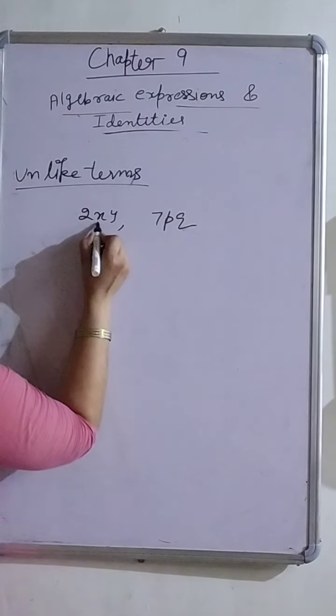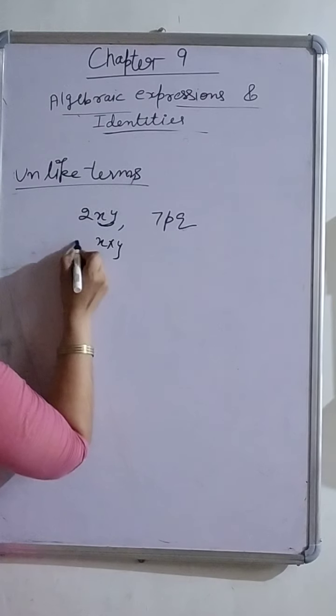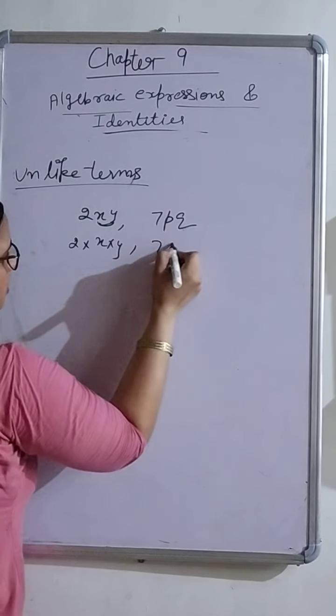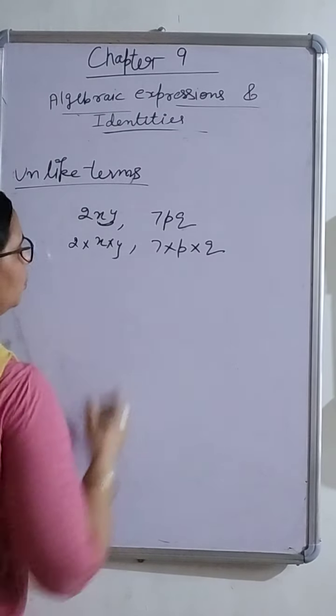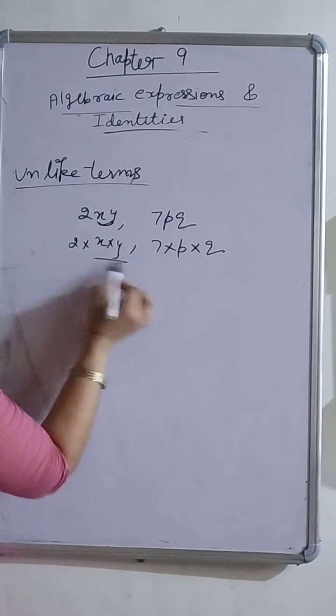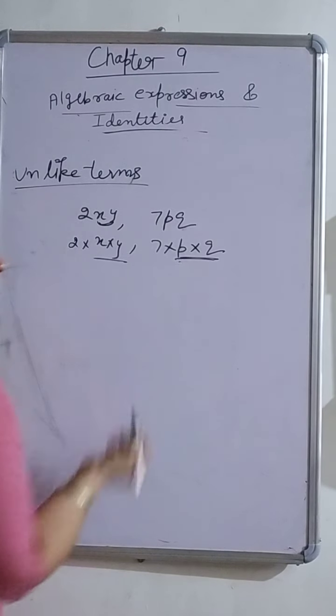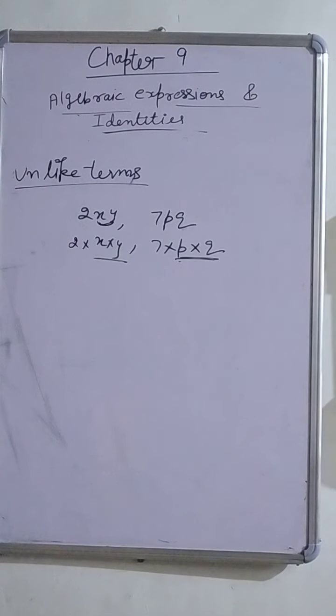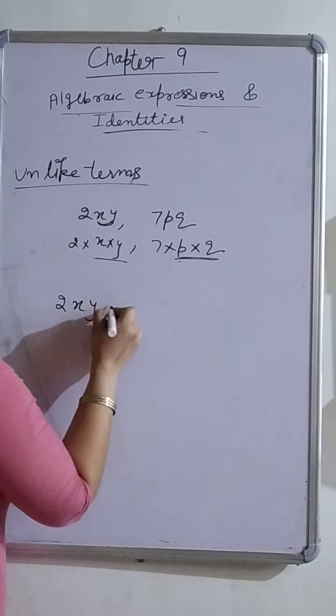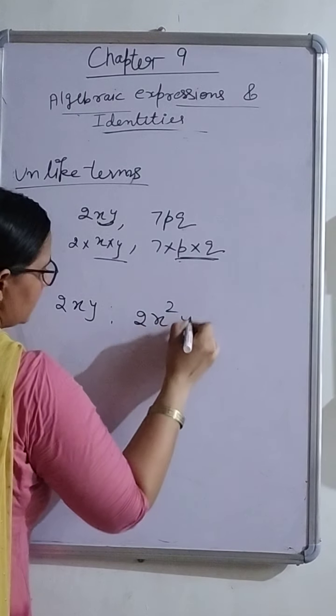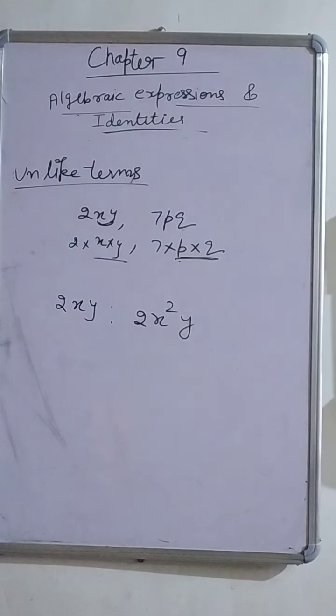See the variables factor. It will be x into y. And in this, 7 into p into q. The variables factor of the first is xy and in the second is pq, these are not like terms. See one more example, 2xy and 2x square y. Are these like terms? No, these are unlike. Why?